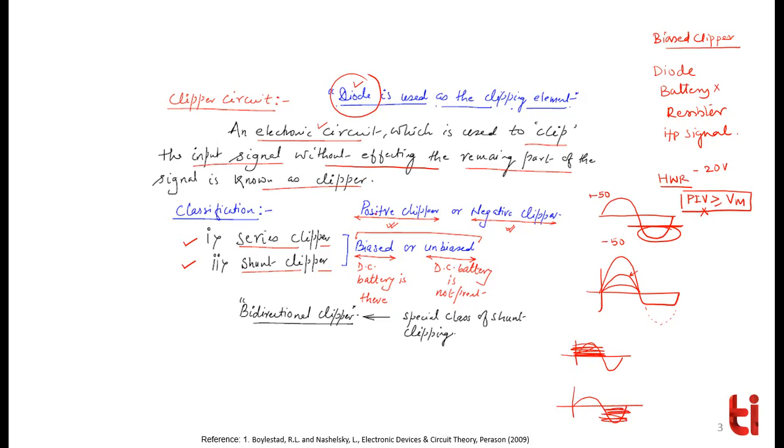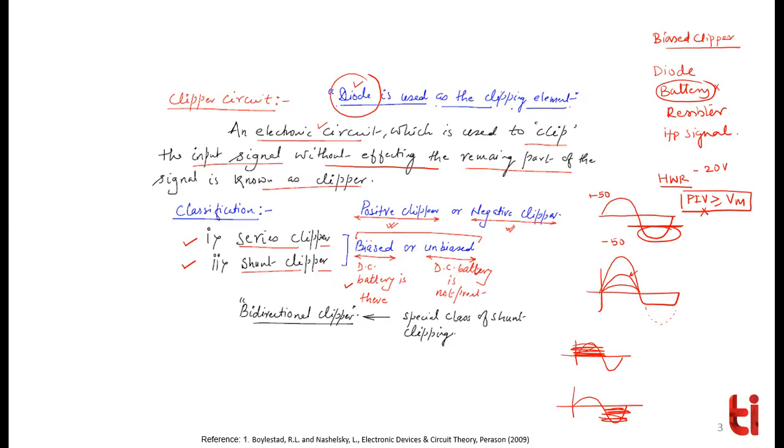It may also be biased or unbiased. If a DC battery is there, we call it biased; if not, unbiased. Bidirectional clipper is also a special class of shunt clipper. I'll tell you what it means.